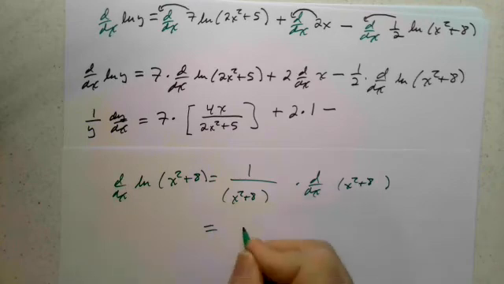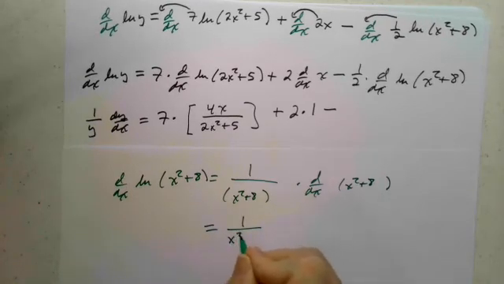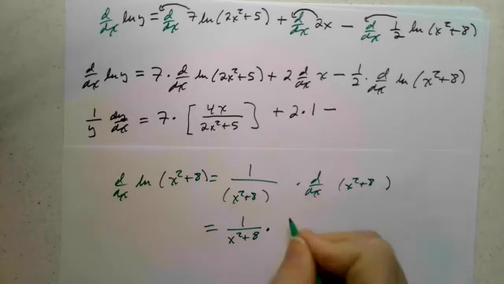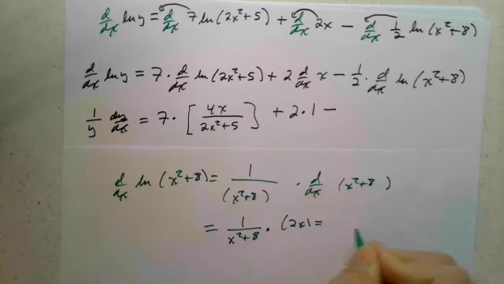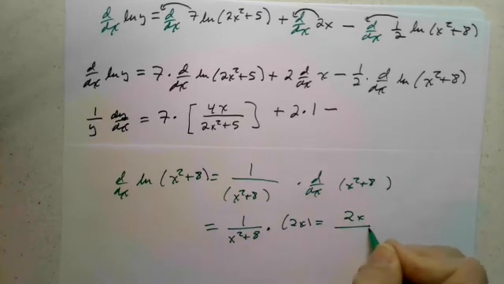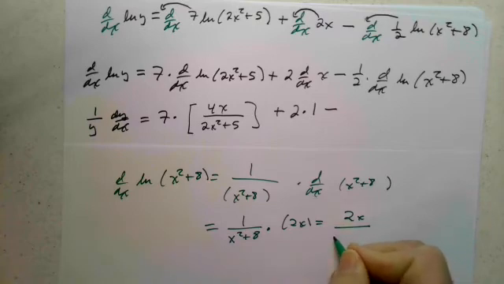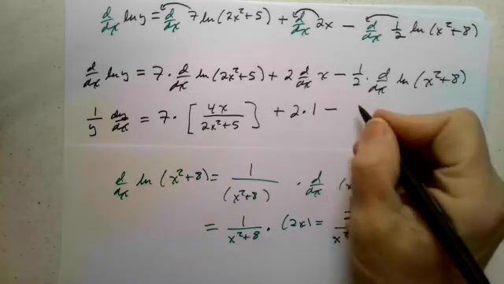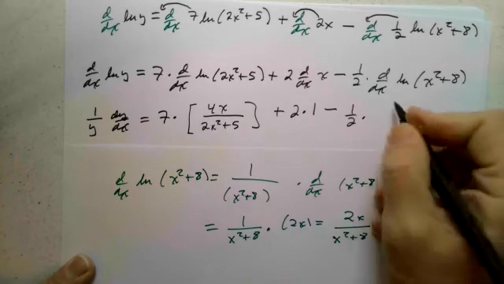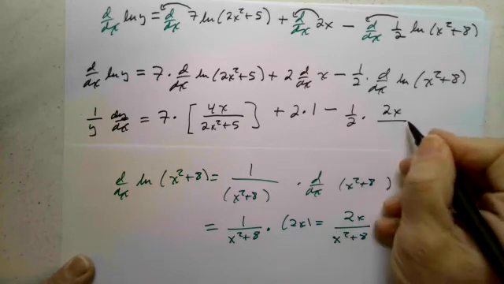So we get 1 over x squared plus 8 times 2x, and the result is 2x over x squared plus 8. So let's go ahead and put that in. So we get minus 1/2 times 2x over x squared plus 8.